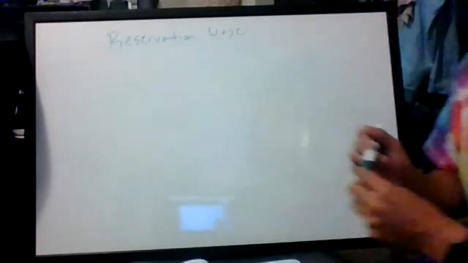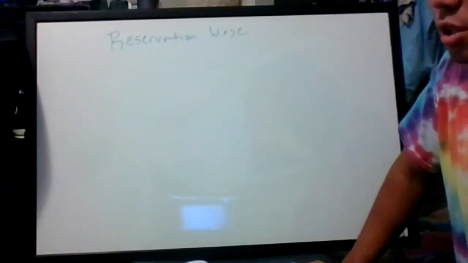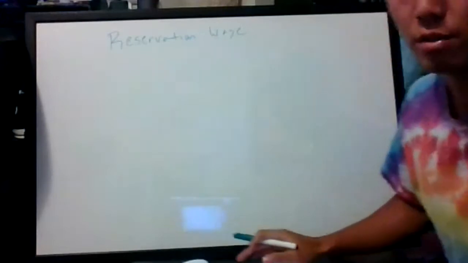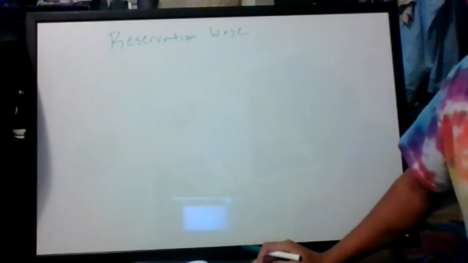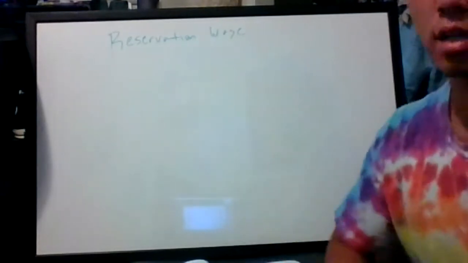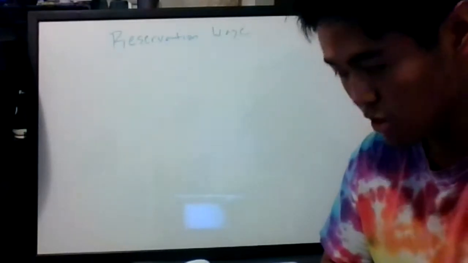So the idea of a reservation wage is essentially each of us, we have different values of how we want to value our time, right? So a lot of it depends on stuff like education or your age.